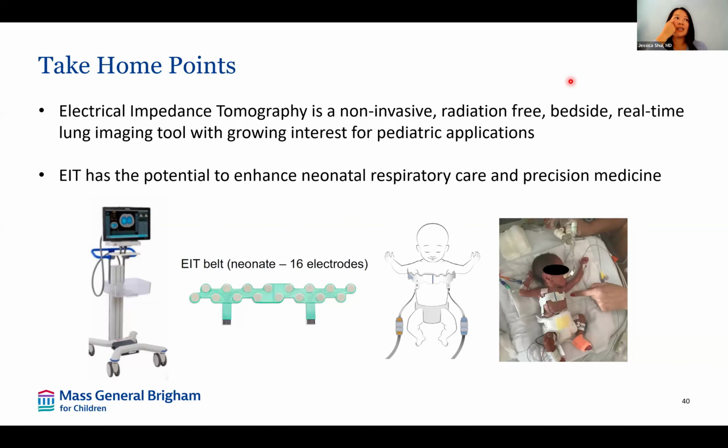There are so many different phenotypes and etiologies for what we call BPD. So I think it would be really interesting to have a larger multi-center study to look at all different populations of what we call BPD to see if EIT can help distinguish the different phenotypes and help guide management that way, and certainly pay attention to pendelluft if that's contributing to lung disease. But that's a great question.